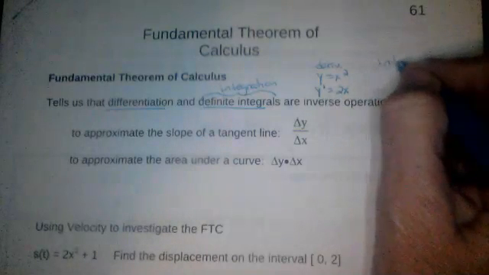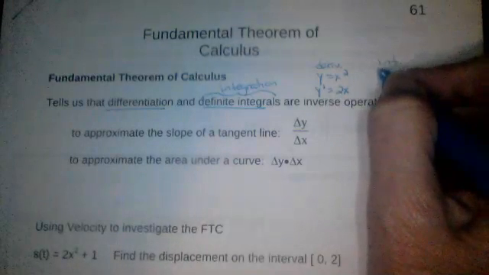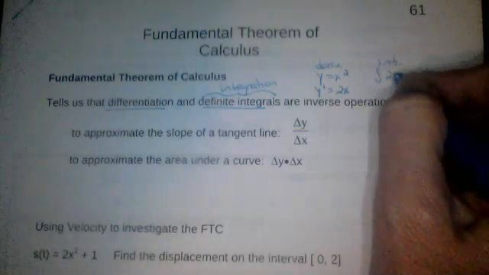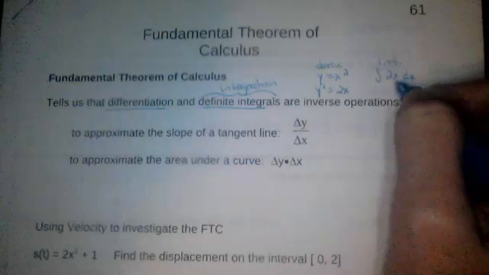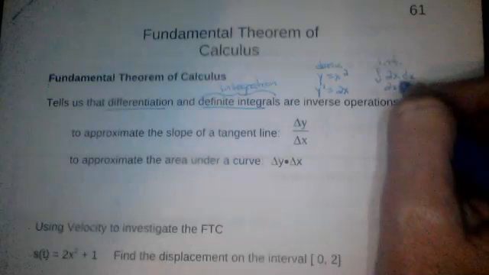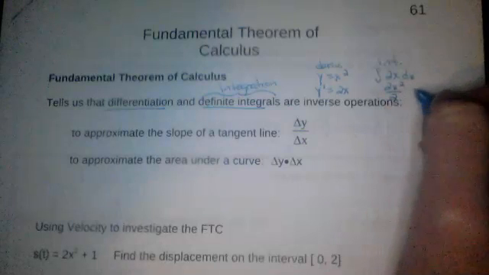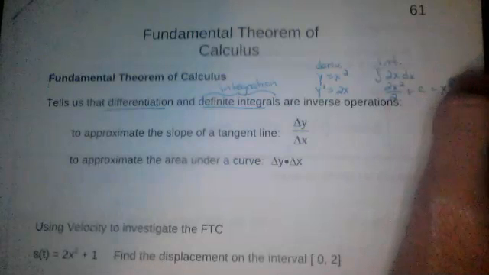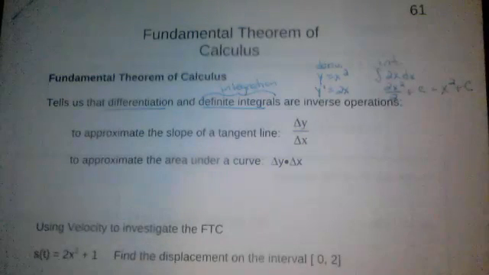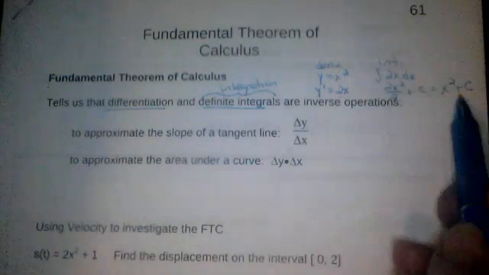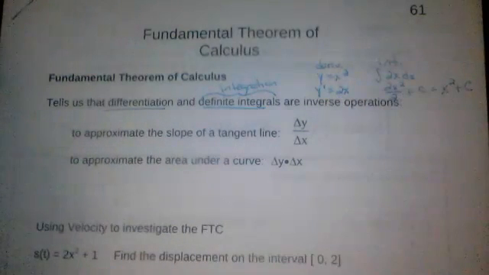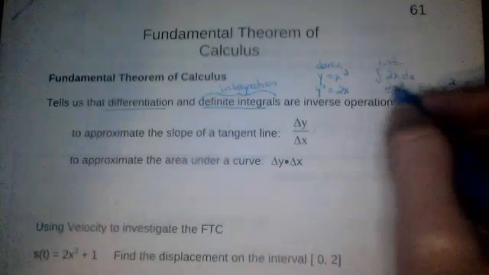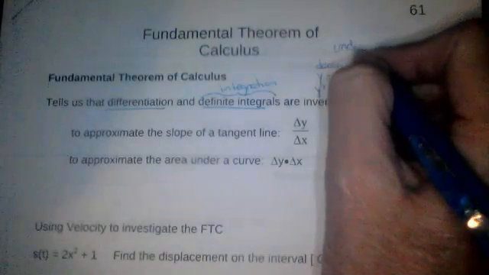And if I integrate 2x, then we know that I get 2x squared over 2 plus c, or just x squared plus c. So they undo each other. We get that function that we began with. And so these operations undo each other.